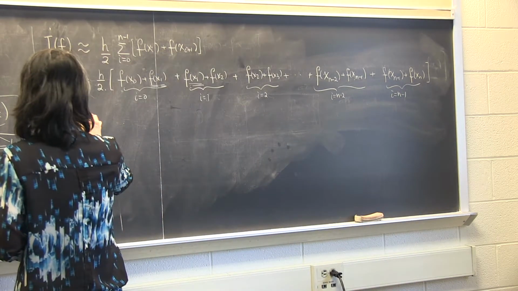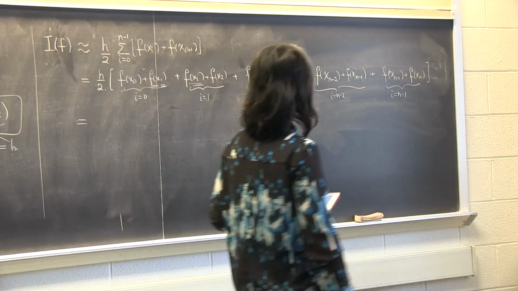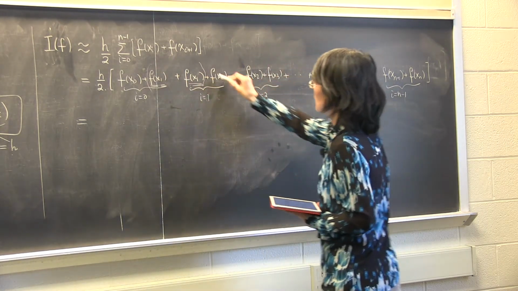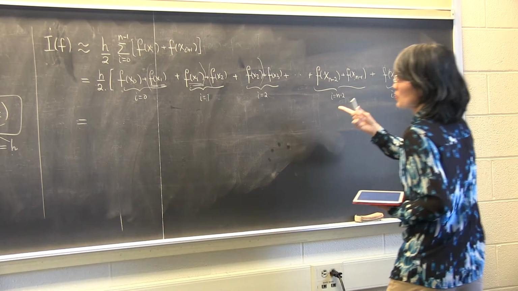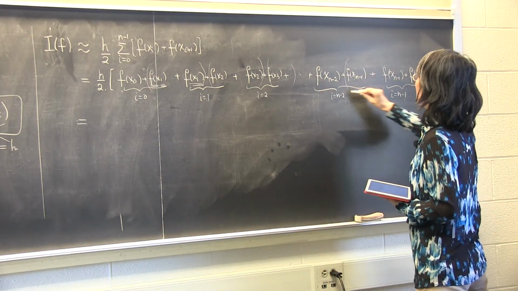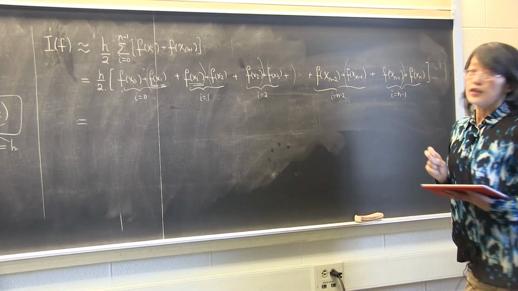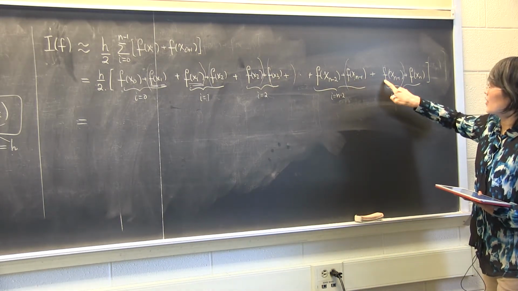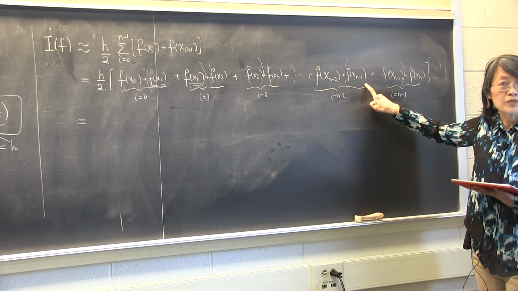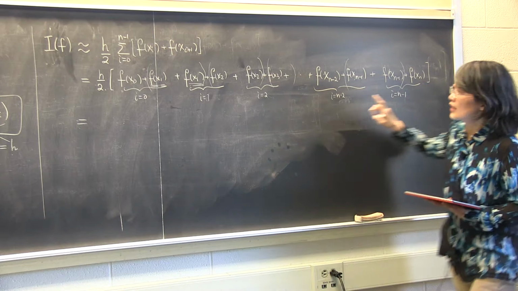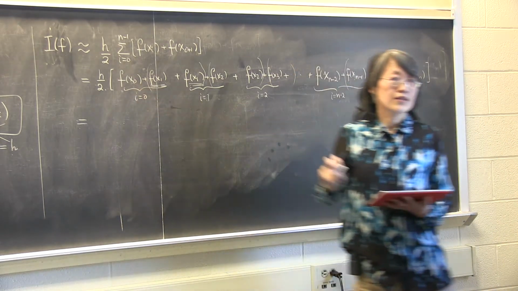I could join these together and multiply by 2, and then these two, you can just multiply by 2, and so on and so forth, and then you see all the inner knots, the inner points, the f evaluated there can be multiplied by 2. The only ones that don't are the two boundary points, this one and this one, right?